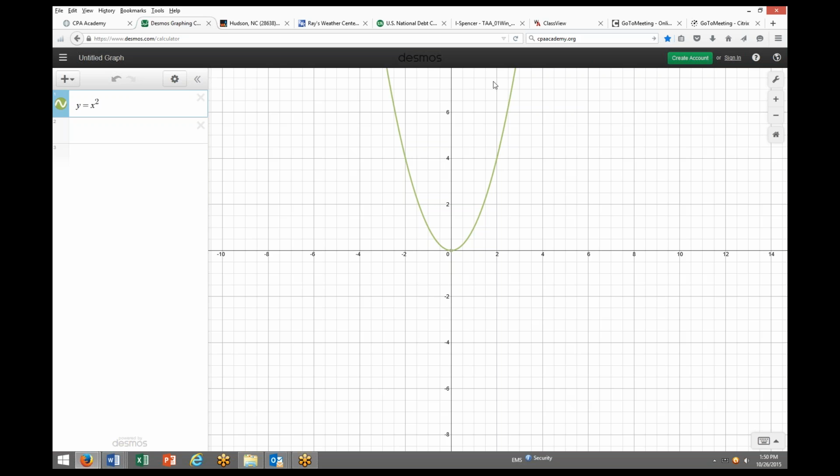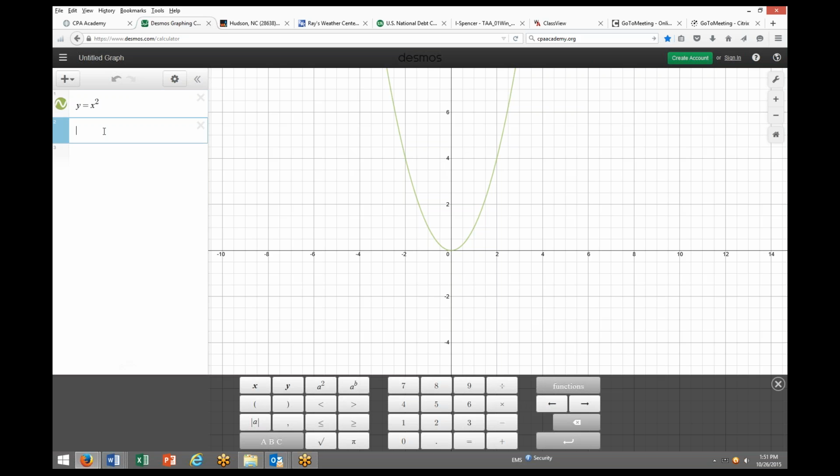And this is going to be a consistent property of all polynomial function graphs if the leading coefficient is positive, the coefficient on the term of highest degree, and if the exponent on the term of highest degree is even. So let's go up to y equals x to the fourth.